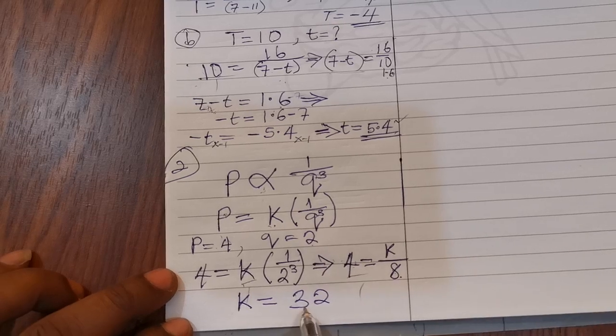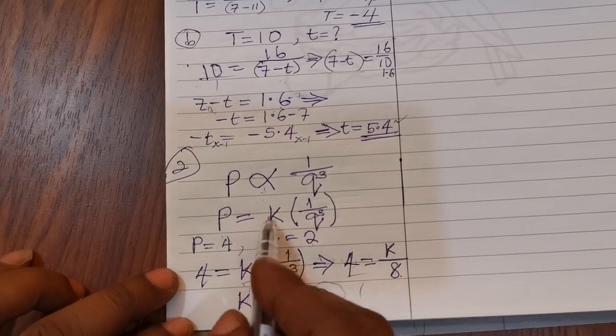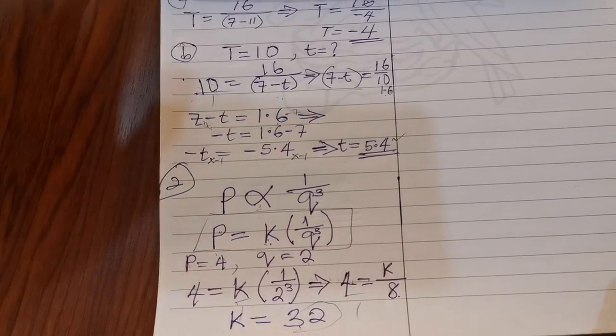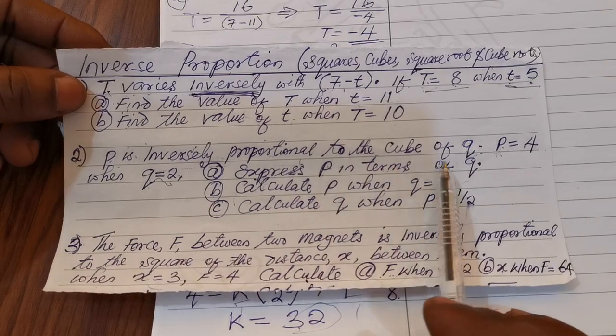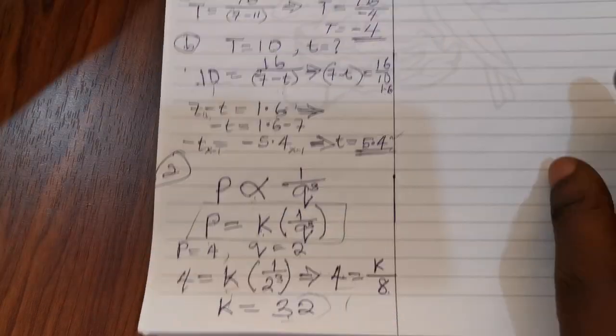Now since K is 32, I will substitute this value of K into this equation. Meanwhile, the first question says express P in terms of Q, so that is what I'm trying to do now.